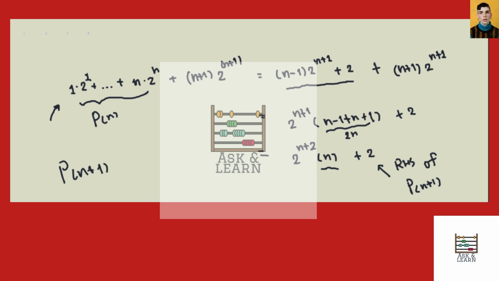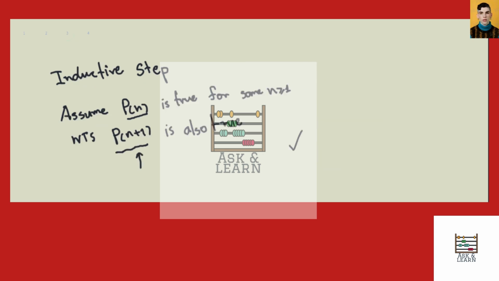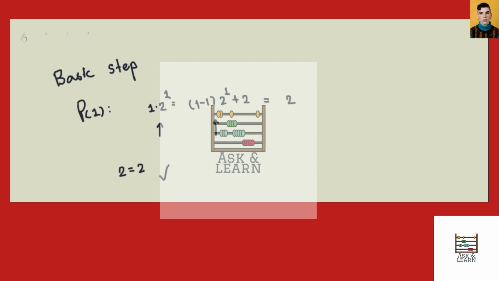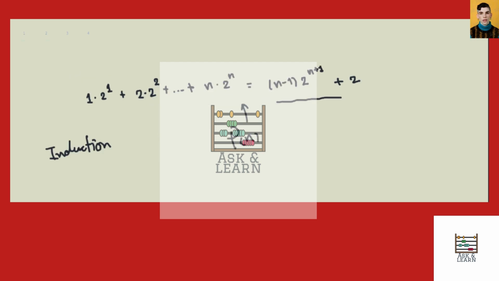We have shown that, using P(n), we have constructed the next statement for n plus 1, and so our inductive step is clear as well. With these two steps clear, we can conclude that the statement P(n) is true for any positive integer n.